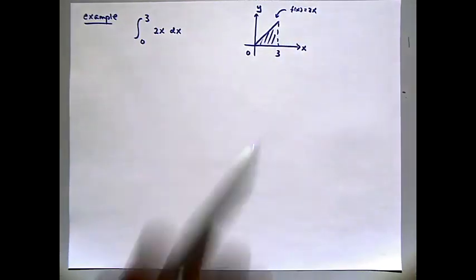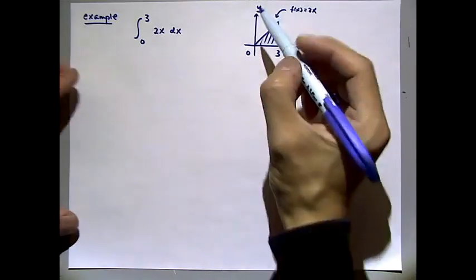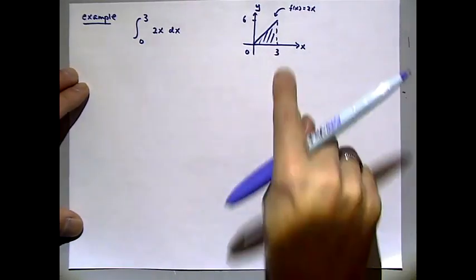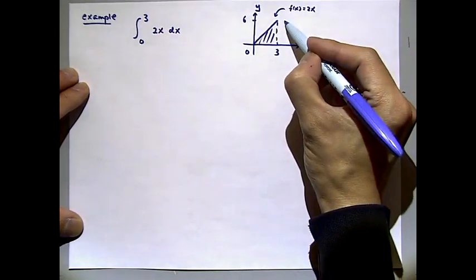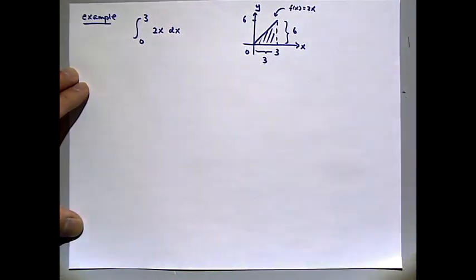Okay, so that thing is representing the area of this triangle under a line with a slope of 2, starting at 0, ending at 3. If y is 2x, then when x is equal to 3, y is equal to 6. So this is a triangle with a height of 6 and a base of 3, right?